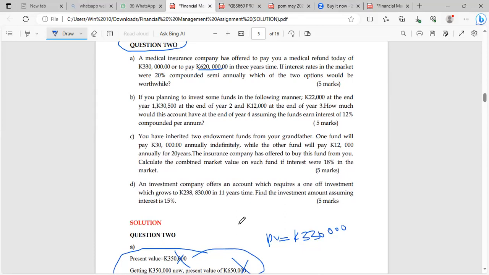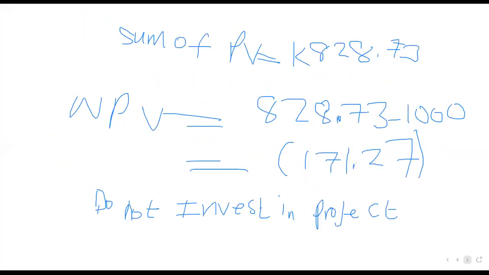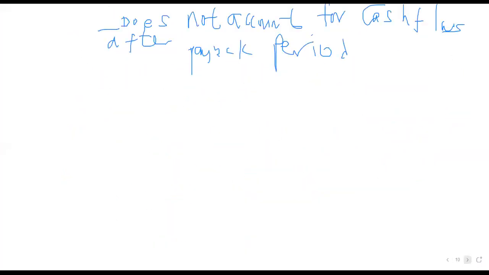Okay, we're supposed to say present value of what? Of 330,000, and here receiving 620,000 in 3 years' time. So interest rate is 20%. So let us do this. You receive a present value of how much? 330,000.